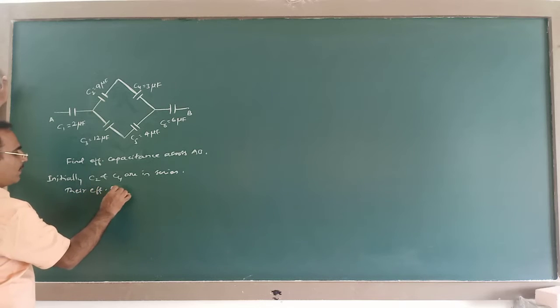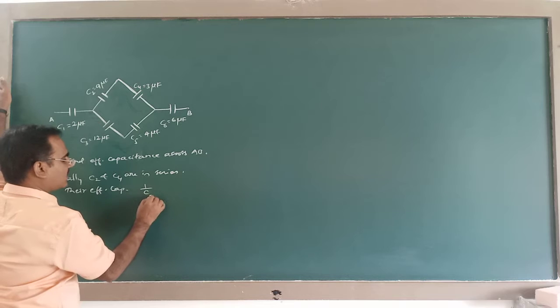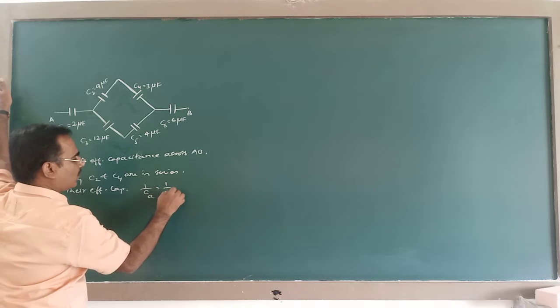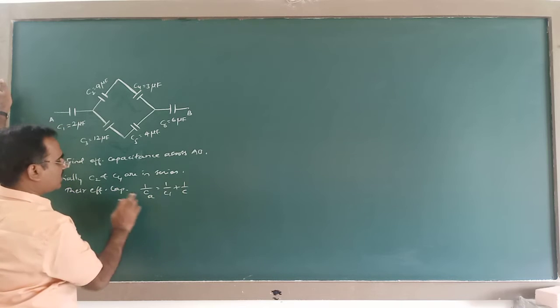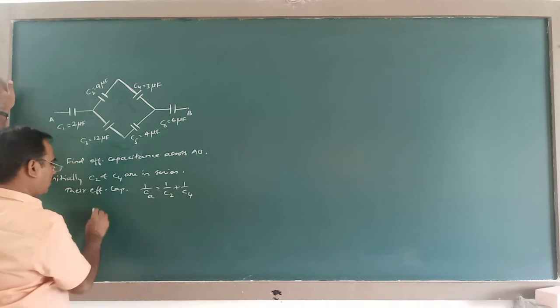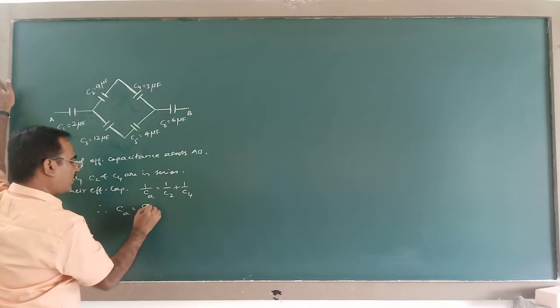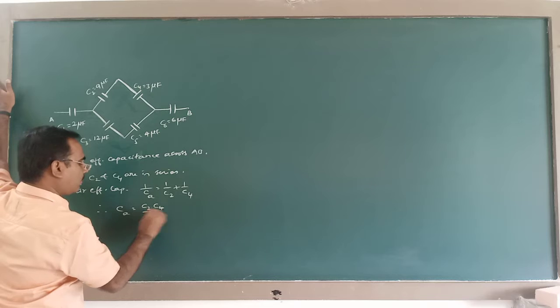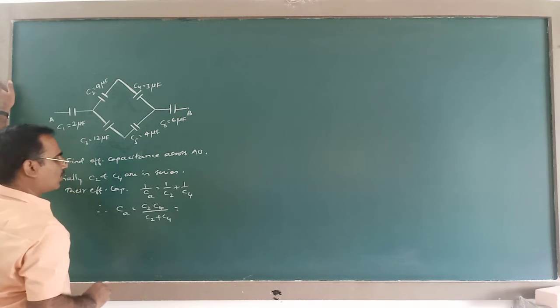Their effective capacitance, say CA: 1 by CA is equal to 1 by C2 plus 1 by C4. If I take LCM, I can write CA as C2 C4 divided by C2 plus C4.